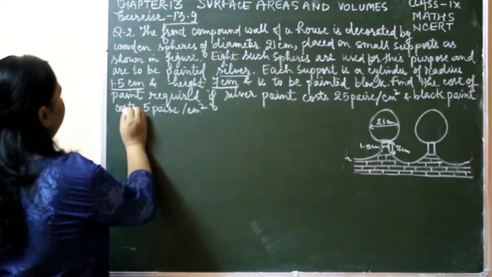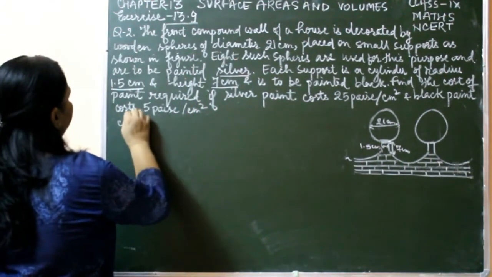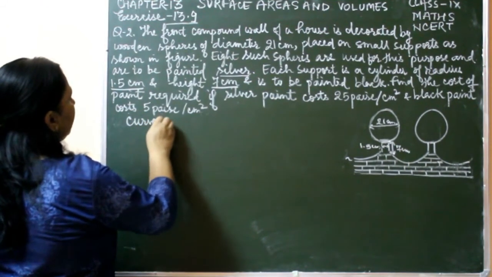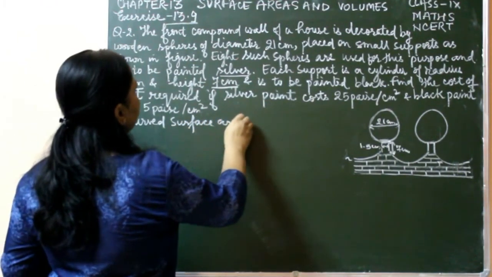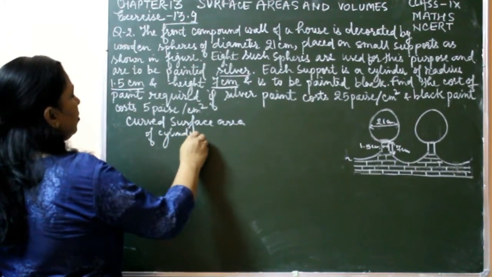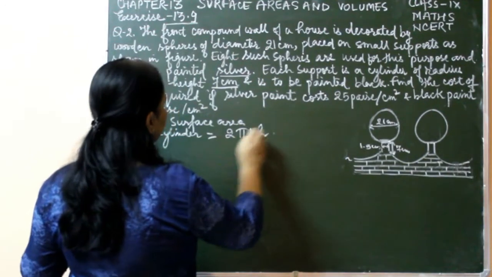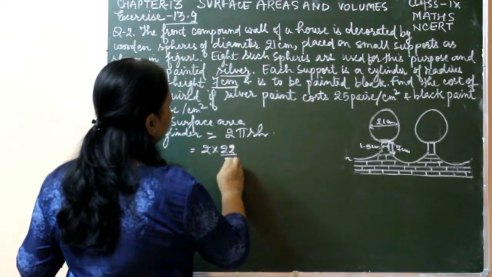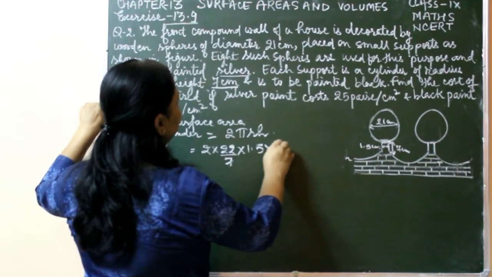Okay, this is to find out the cost of black paint. We'll first find out the area to be painted black. Area to be painted black means curved surface area of cylinder, which is equal to 2 pi r h, that is 2 into 22 upon 7 into radius is given 1.5, height is given 7.